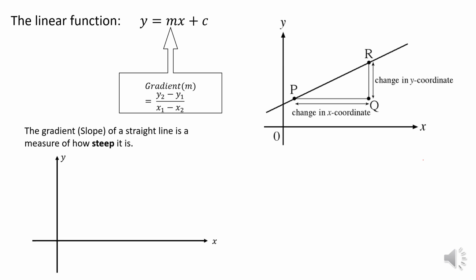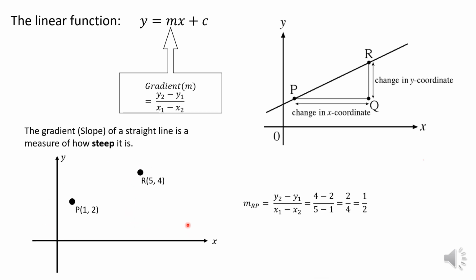So if I was to bring in quickly two points, and let's suppose this point here is the point (1, 2), this is point P. So it's 1 for the x and 2 for the y. And then let's suppose this particular point R here is 5 for x and 4 for y. And we are supposed to calculate the gradient.